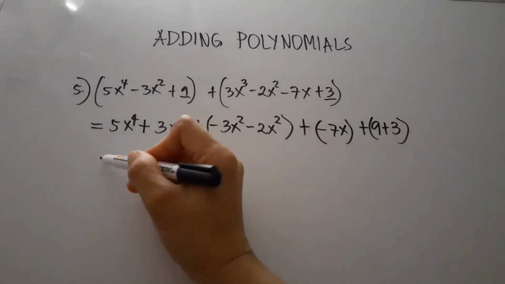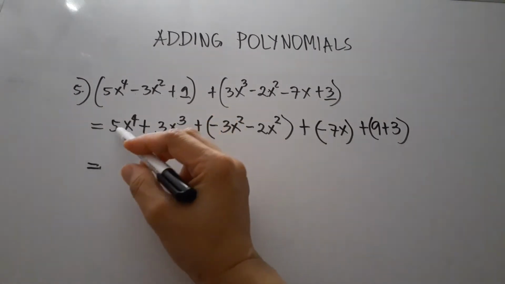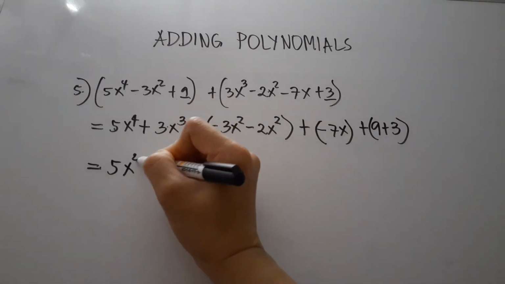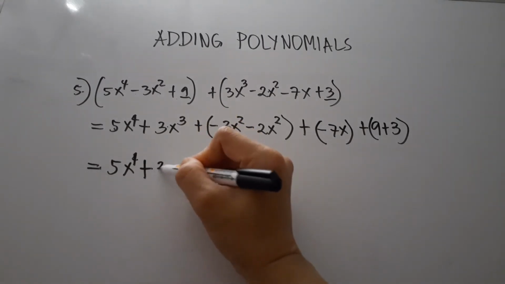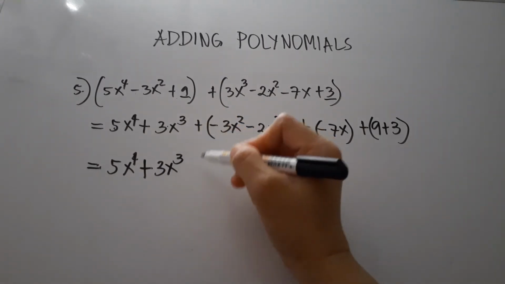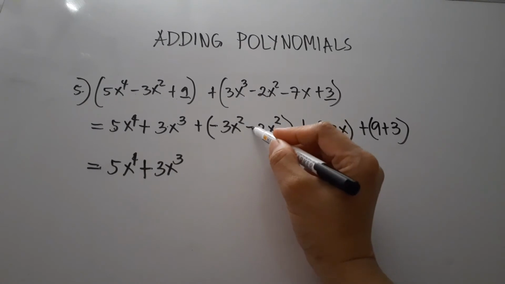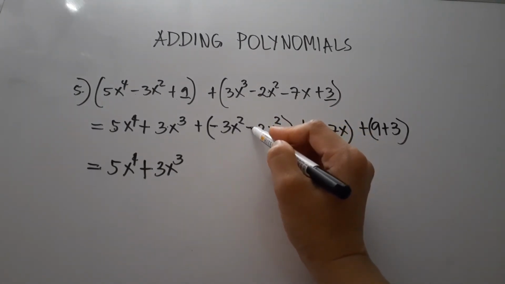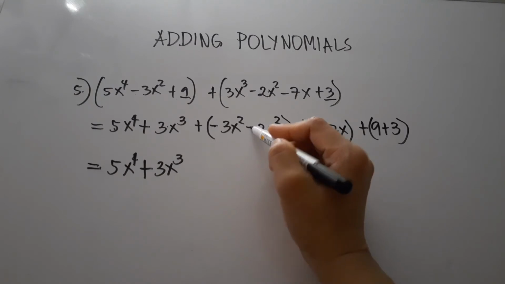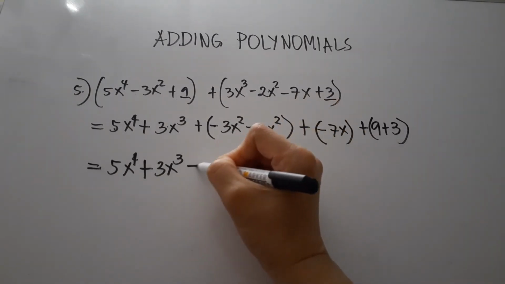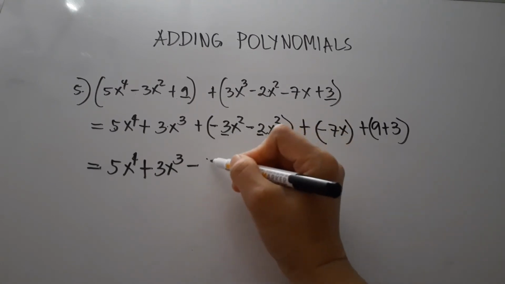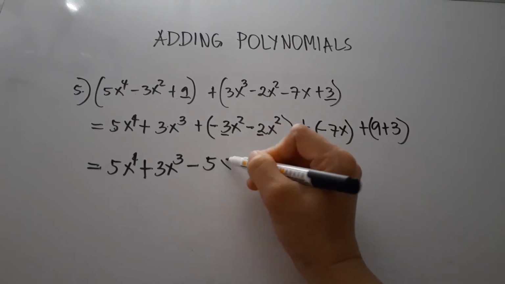Then you can answer this. So write it down here, 5x to the fourth and 3x cubed, then negative 3x squared negative 2x squared. Remember that they have the same sign, so we can add, and when you add, it is negative, so negative 3 plus 2 becomes 5x squared.